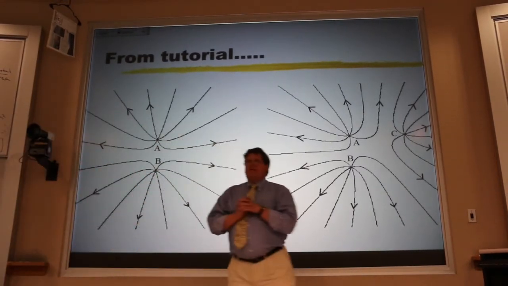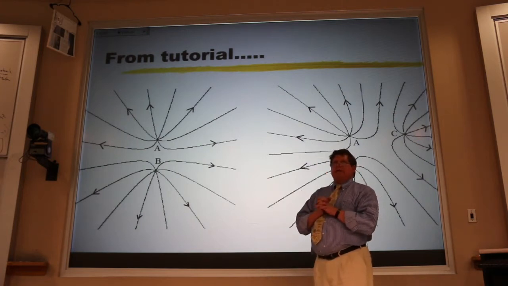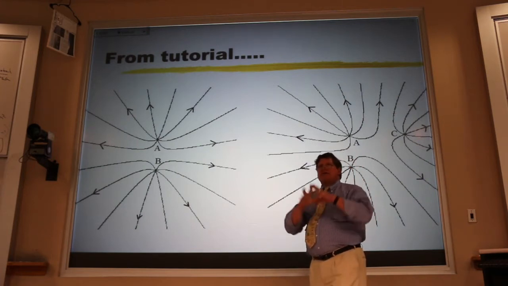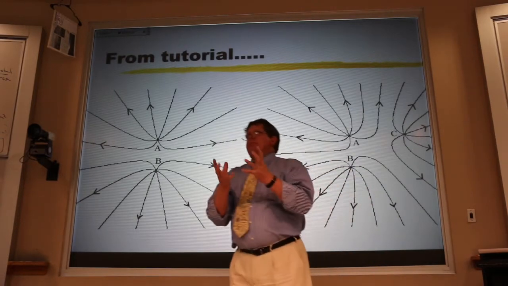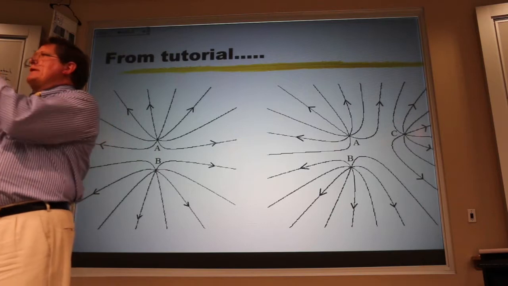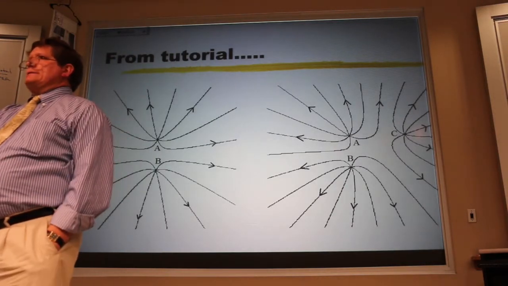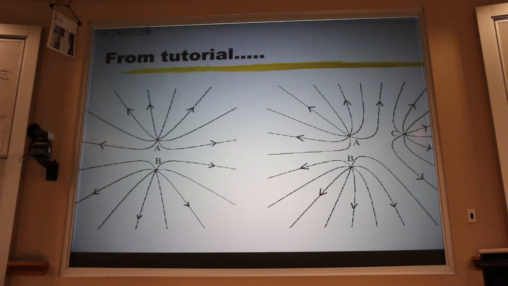Let me remind you what we've got here. We've got two charges, A and B. These charges are insulating balls that have been charged up by rubbing, and they've been glued to the table. Now those two things are important. It's got to be a non-conducting ball that's charged, and it's got to be glued to the table.